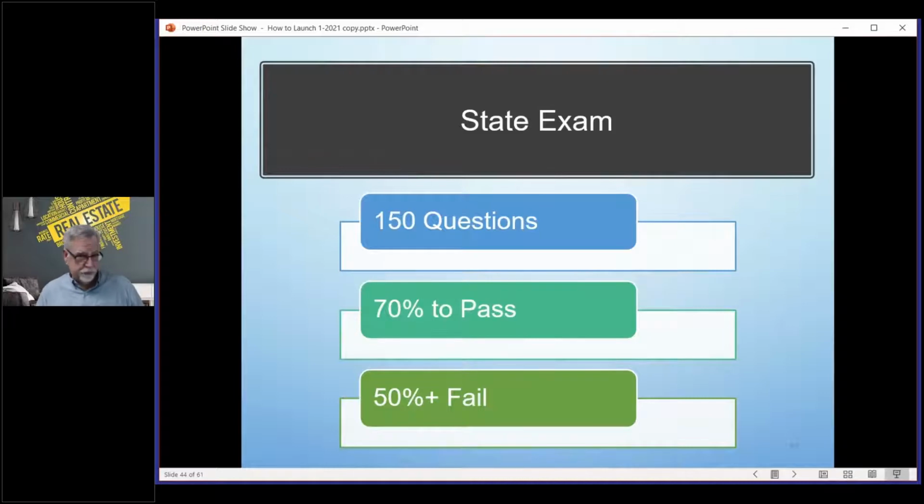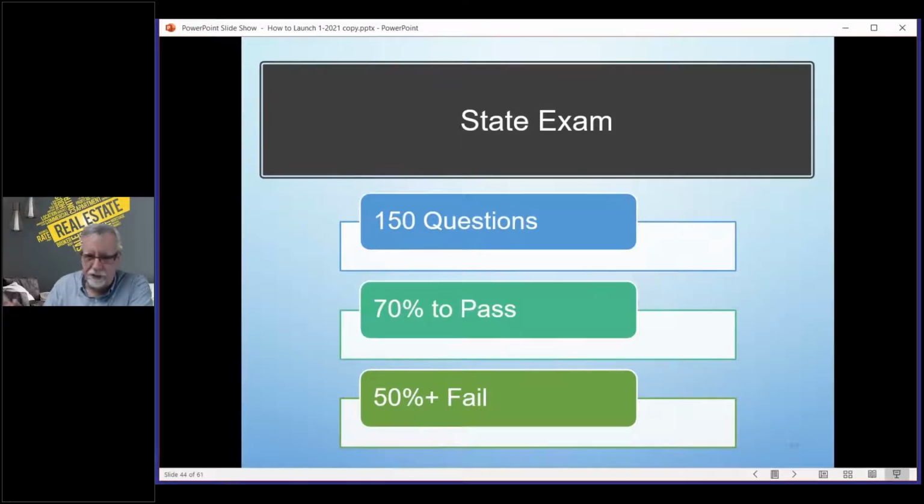And many of those people, they have failed before. You can take this test an unlimited number of times. I've met people that have failed it more than 10 times. They decided maybe they ought to get a course. I don't know. You don't want to rush a decision like that. So of these people that are failing, every time they give the test, they fail more than half.